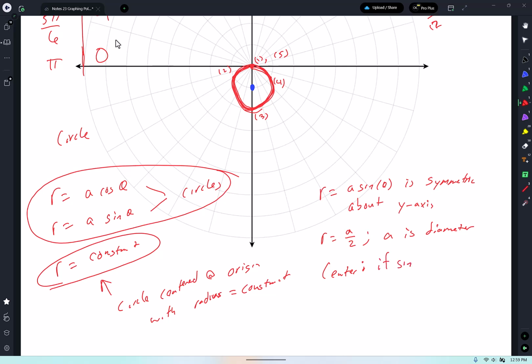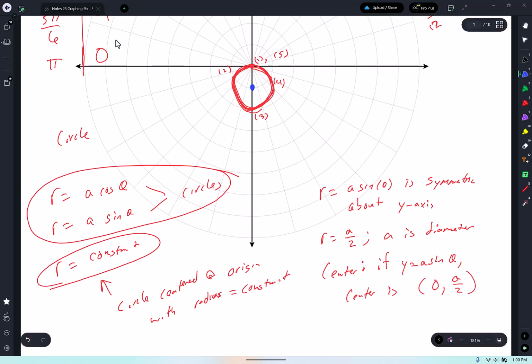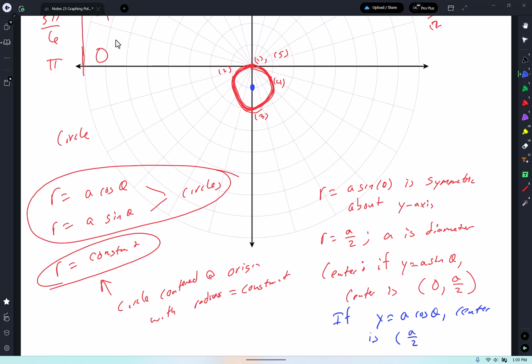If y equals a sine theta, center is (0, a divided by 2). And I'll put the other one here. If y equals a cosine theta, center is (a over 2, 0).